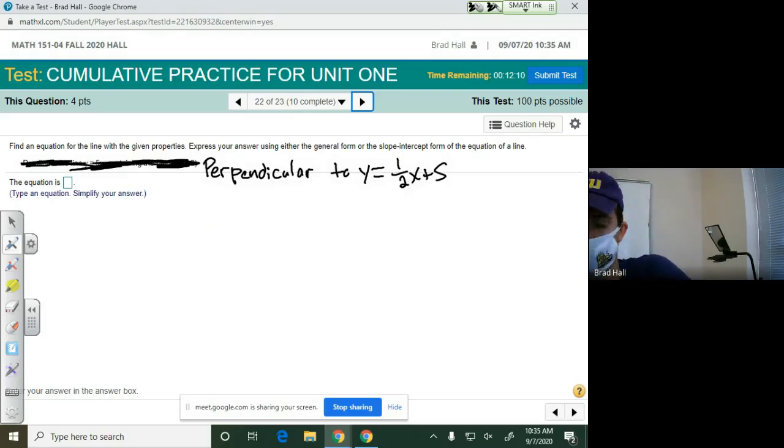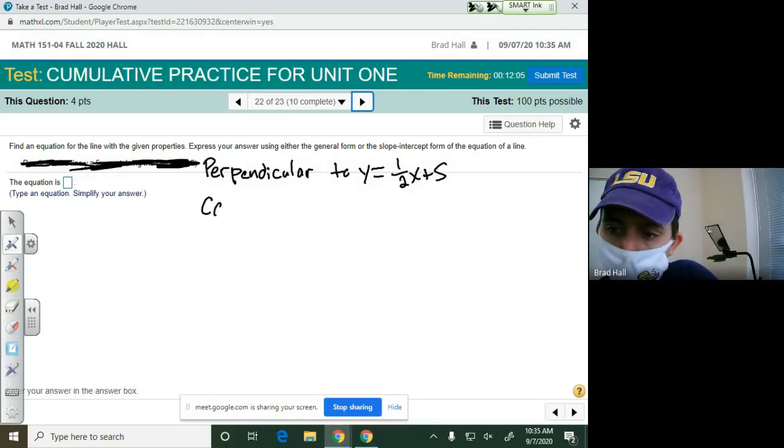So this is a perpendicular problem. We haven't done one like this yet, so I wanted to go through one like this.